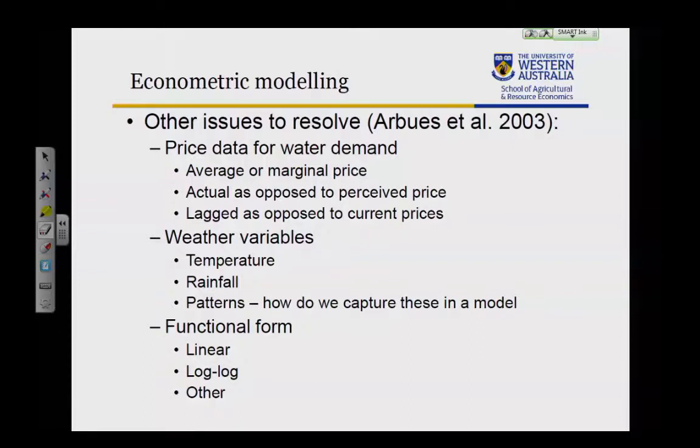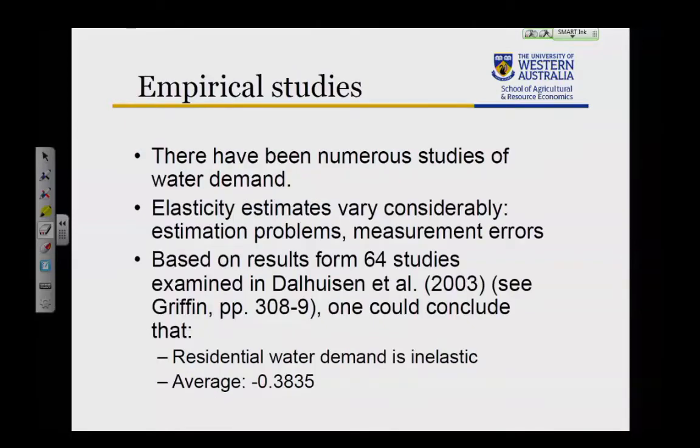That's one. But you also have to remember the actual use is affected by a lot of things that might not be in your sample, or in your information, like temperature, rainfall, and so on. And of course, we already know that what form you use could mean different things, and those are things you need to be careful about. There have been a lot of empirical studies on water.